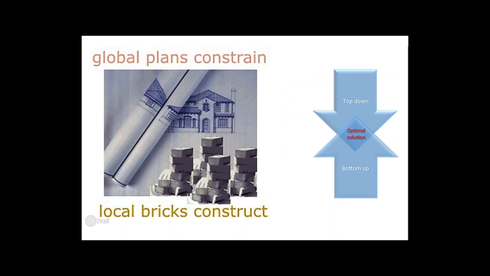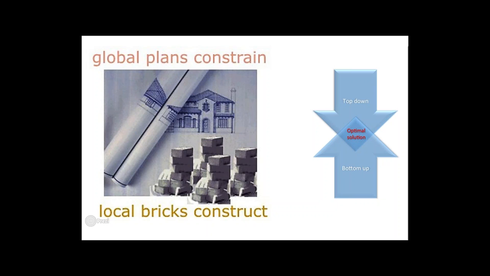As you can see on the left picture, global plans or top-down correspond with a big scheme, big vision, and bottom-up is basically building from small blocks and just going up.